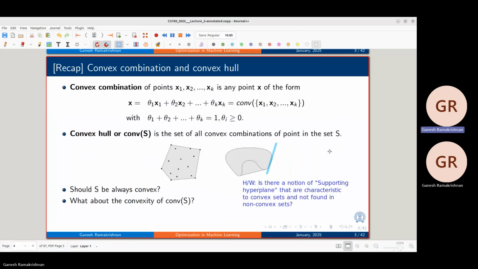Intersection of half spaces defined by all supporting hyperplanes. So you take this one, right? That's also a hull. You see?